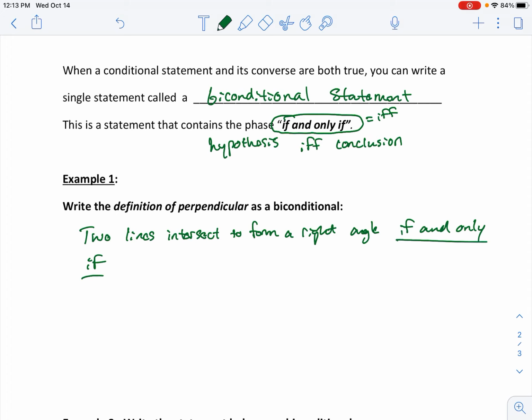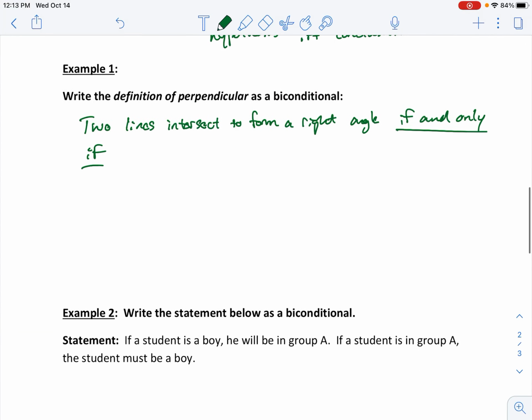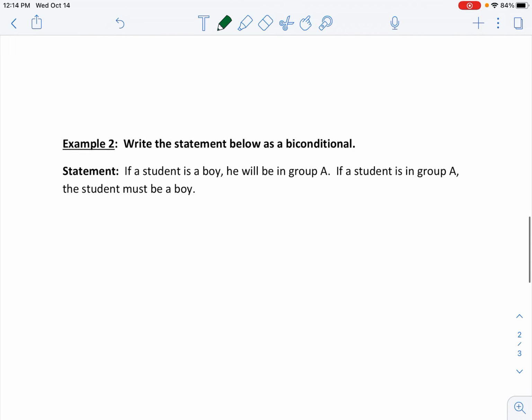I'm going to underline it too. That's our connecting. So two lines intersect to form a right angle if and only if they are perpendicular lines. So a nice way to write the biconditional, which means the conditional and the converse are true. And we can do this with other statements as well.